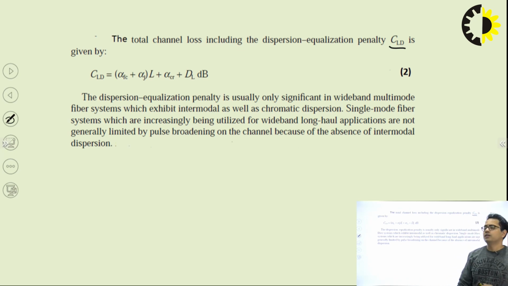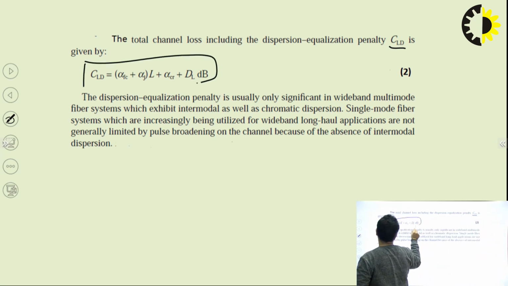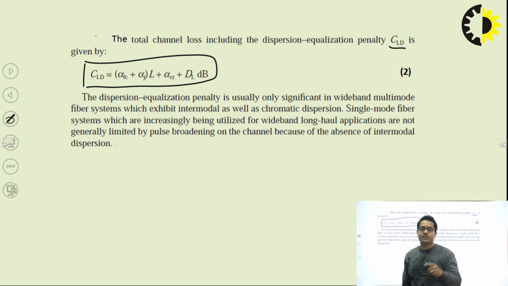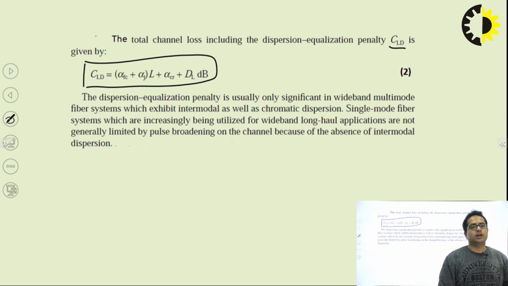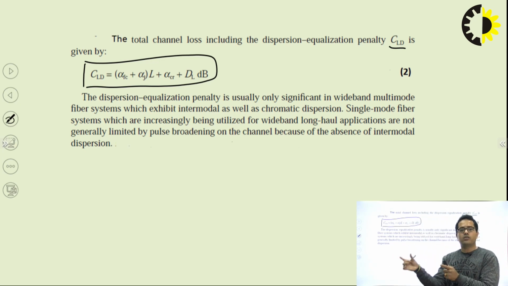Now this has to be included. That means the channel loss, which earlier was given by the expression CL, we are now naming CLD when including the dispersion equalization, and we are also including the penalty, that is the loss occurring because of the dispersion, that is DL.